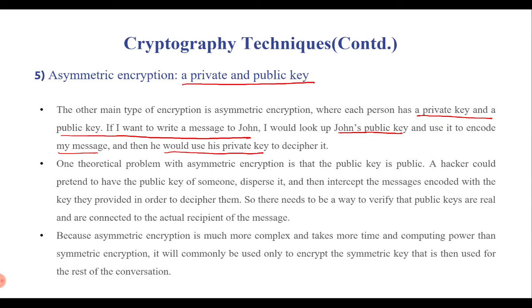Now the problem is the public key is public for everyone. So if I'm offered the public key of the receiver and my receiver is actually a hacker, he might send me his public key saying that it is the public key of the receiver, and he will take the message and decrypt it using his own private key.